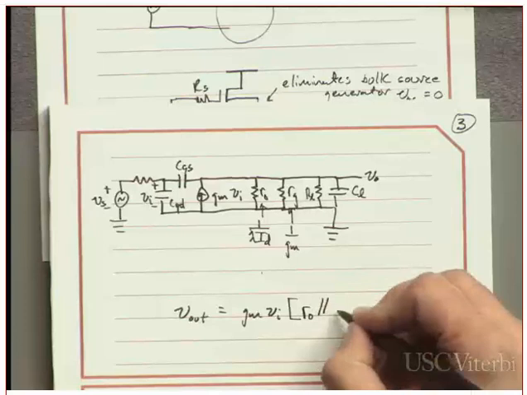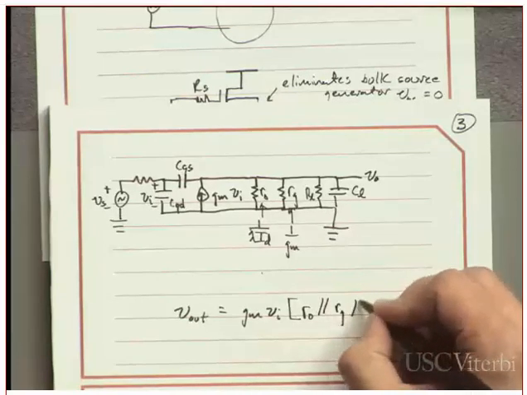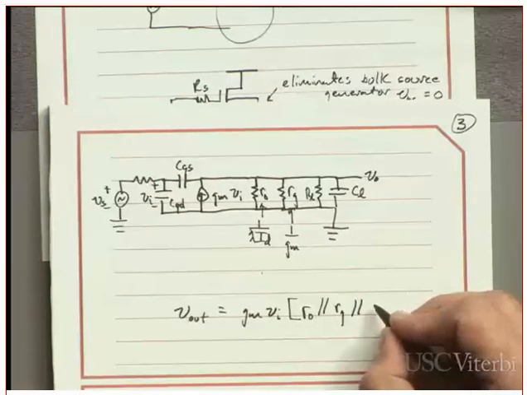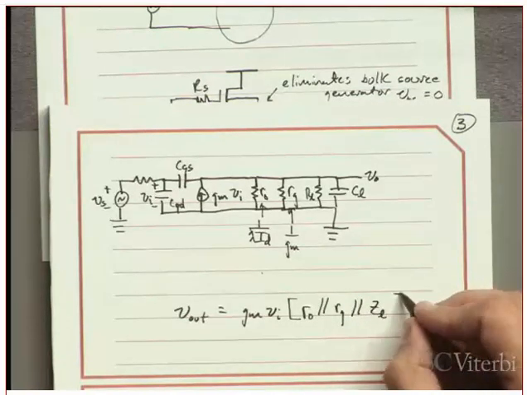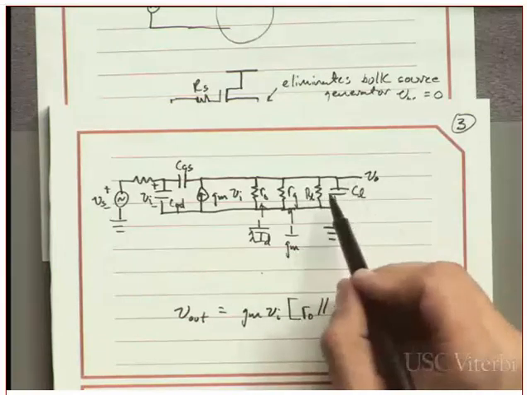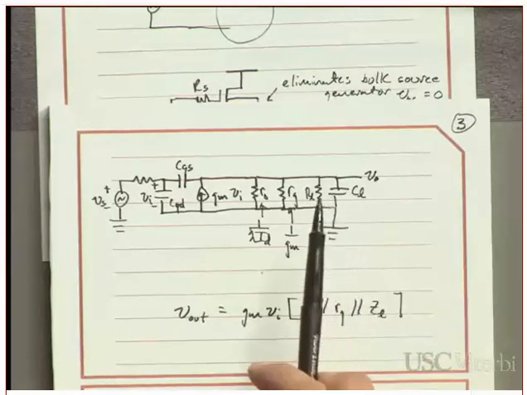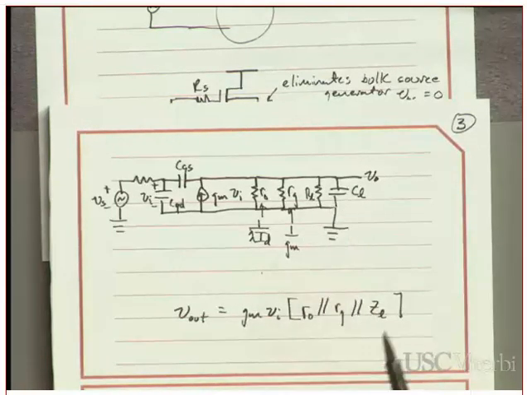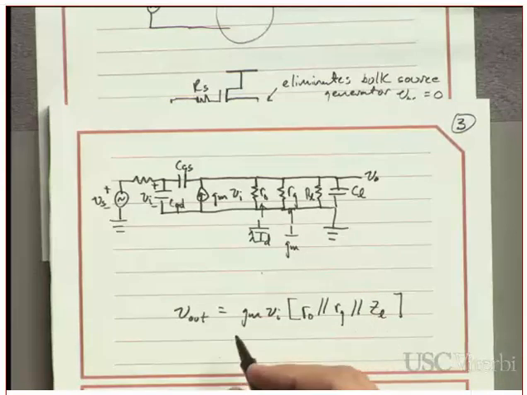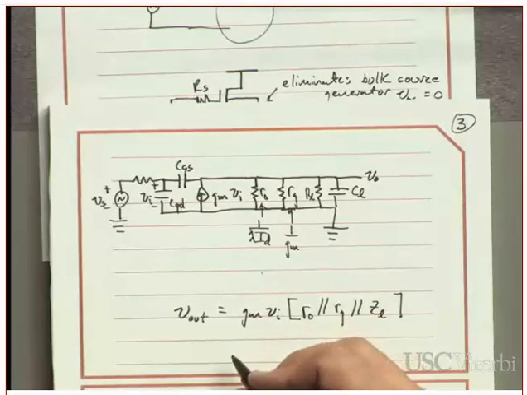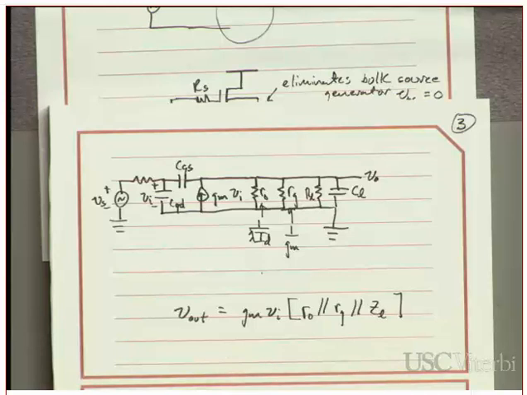So RO in parallel with RG in parallel with what I'm going to call the load impedance. And that's just the parallel combination of these two. So I could have written RL in parallel with CL. But I'm just going to consider that as a separate part.